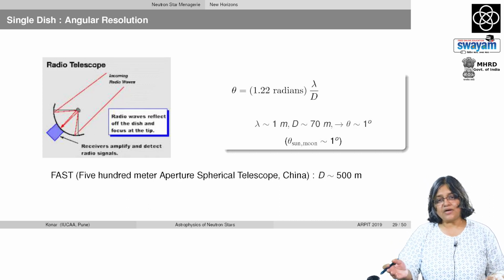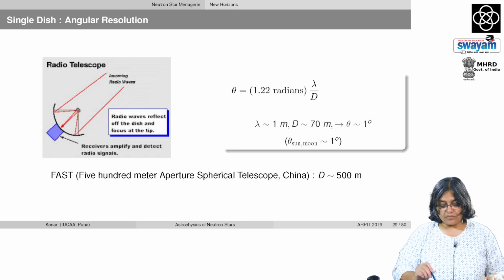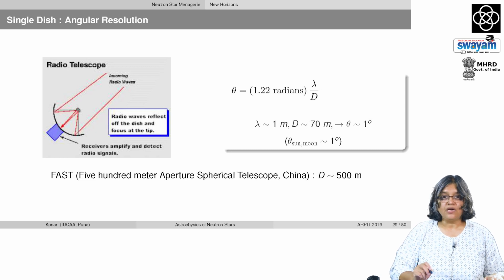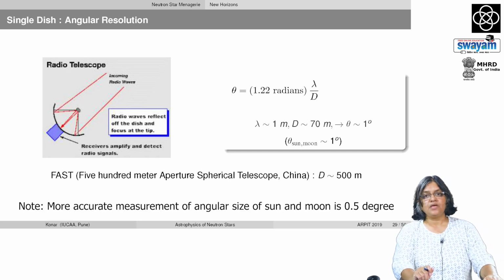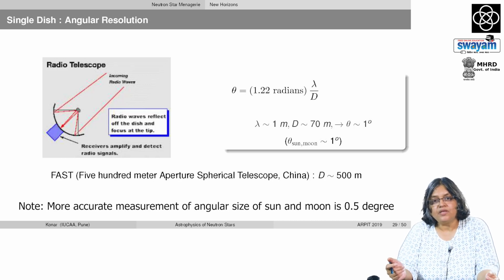Now, take a typical radio band of which the wavelength is about 1 meter, and let us say the diameter is about 75 meters, that is one of the largest radio telescopes in the world, and what we achieve is theta of about 1 degree. Now, what is 1 degree in the sky? You have to remember that 1 degree is the angular size of the sun and the moon.